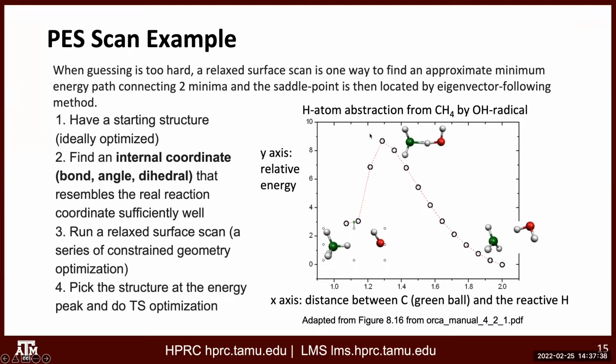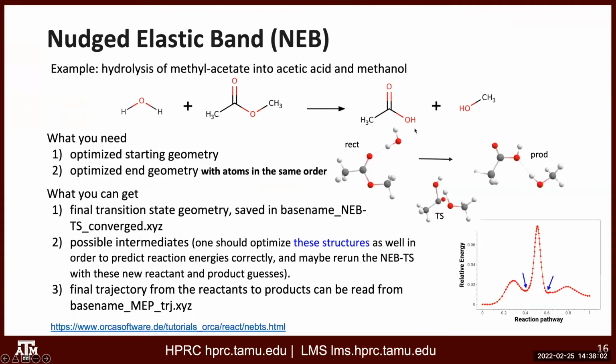And once the scan is done, the program will automatically, or you pick the highest energy point and do a TS optimization as what we showed in the previous slides. And you take this structure as your guess structure for the transition state.